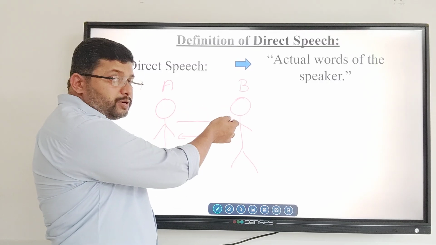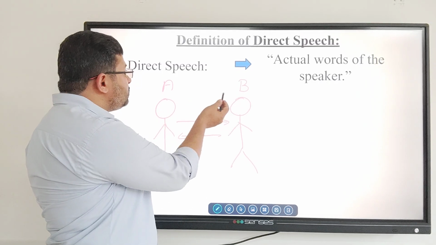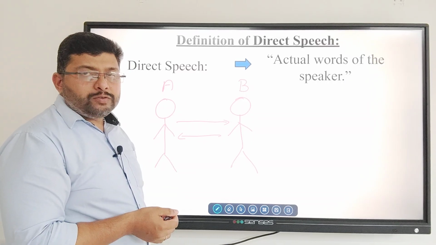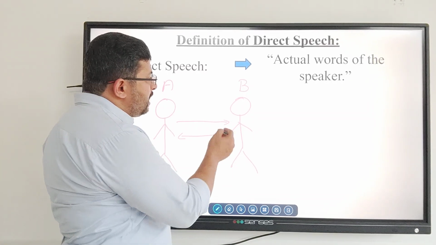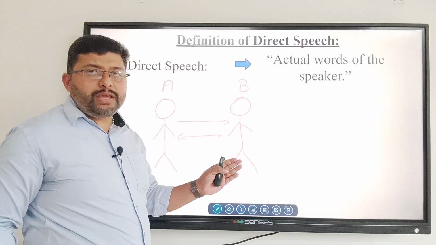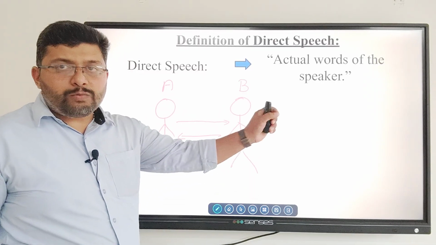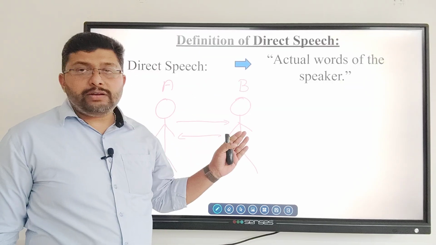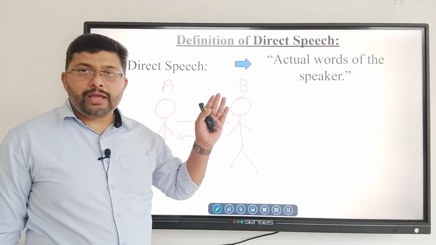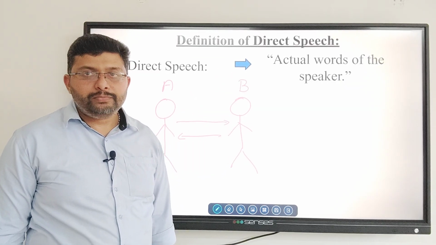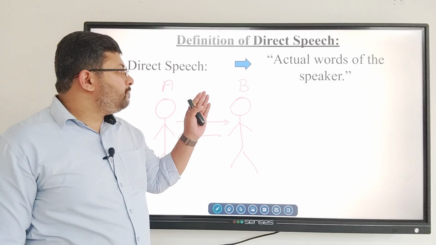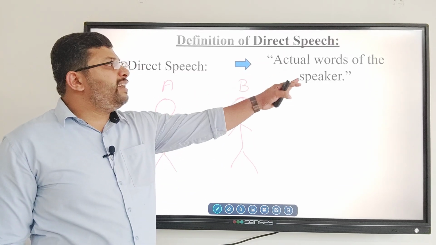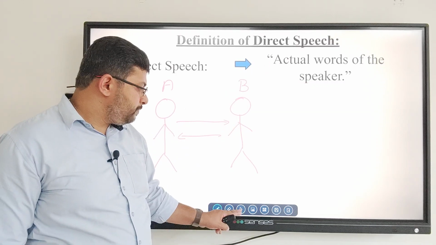Person A speaks to person B and person B speaks to person A. Suppose, after the conversation, person B goes to his home and writes down the discussion they had. Definitely most of the dialogues will be in direct speech. So this is the point you need to remember: actual words of the speaker.